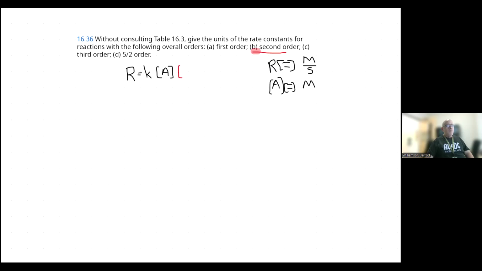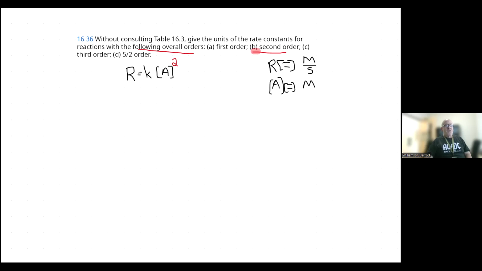We could write this B, and that would be second order because we would get molarity times molarity. Or we could get second order by writing A squared, because it says overall order. I'm going to go this way.